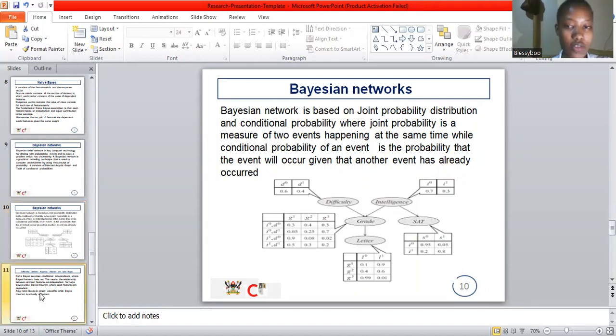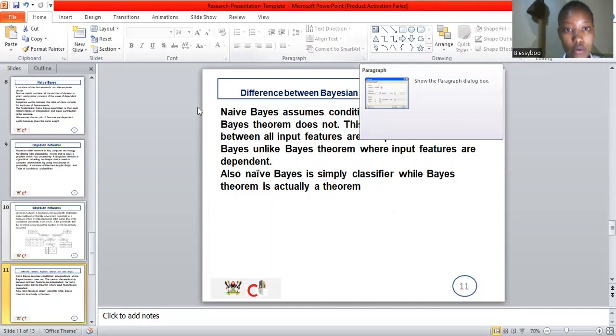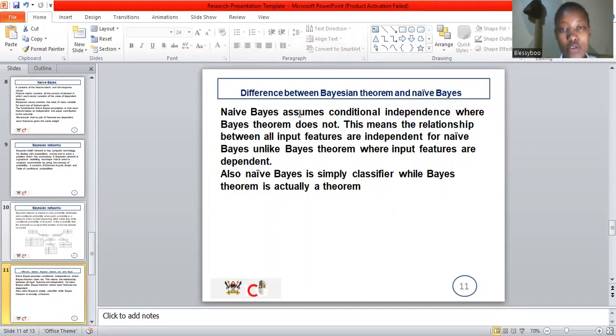So what is the difference between Bayesian theorem and naive Bayes? Naive Bayes is simply a classifier, and Bayes' theorem is actually a theorem. Naive Bayes assumes conditional independence, while Bayes' theorem does not.